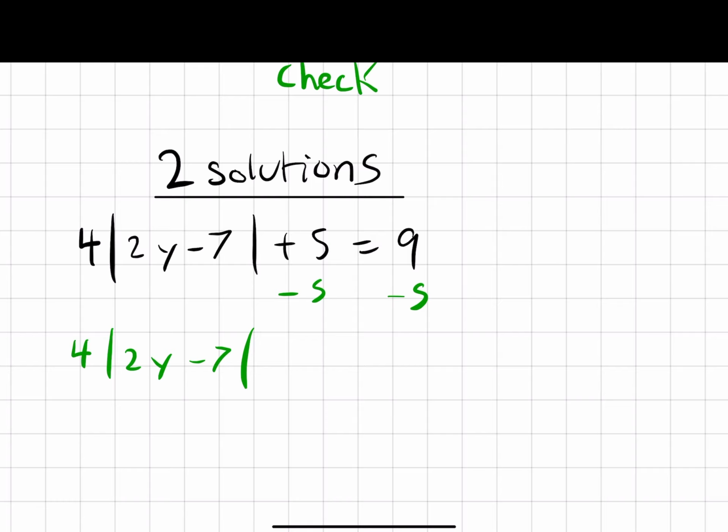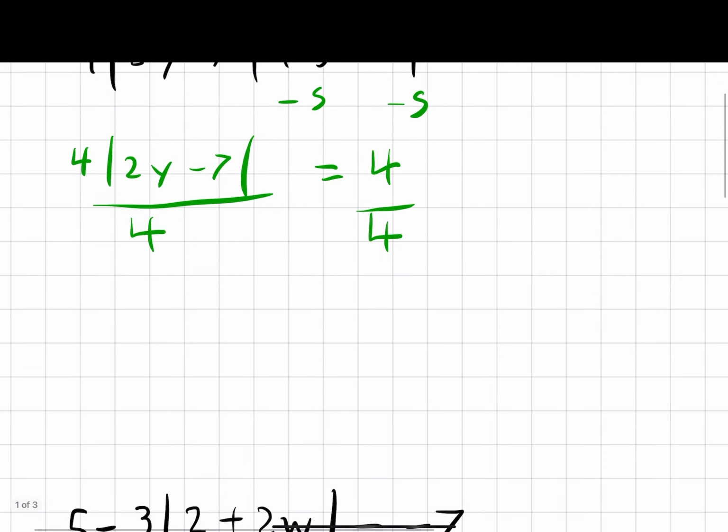You flip PEMDAS, do addition or subtraction first, then multiply or divide to get the thing alone. So we subtract first, and we get 4 times the absolute value of 2y minus 7 equals 9 minus 5 is 4. Divide both sides by 4. And we get the absolute value of 2y minus 7 equals 1.